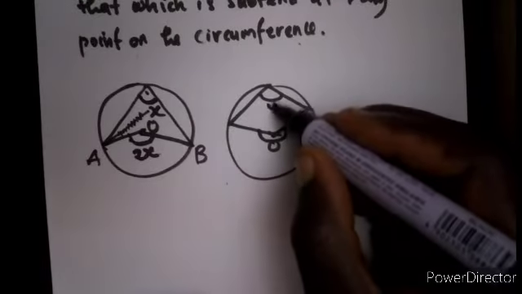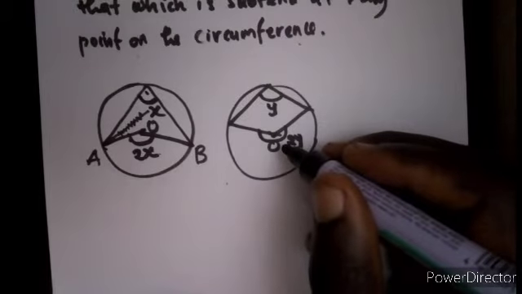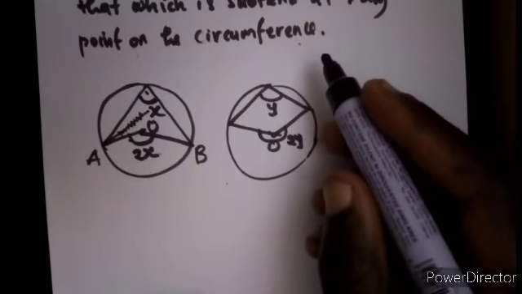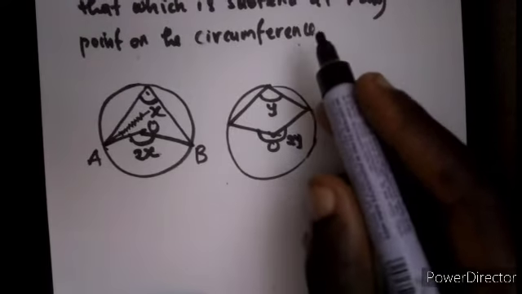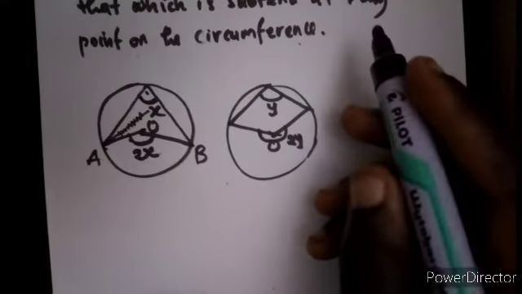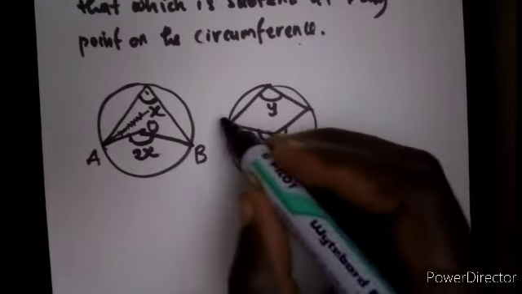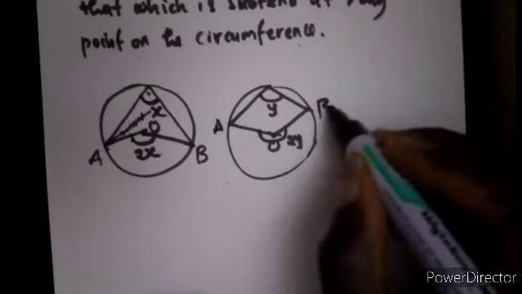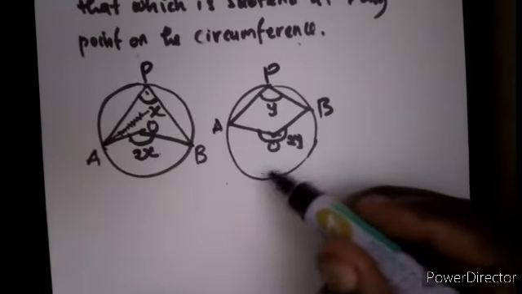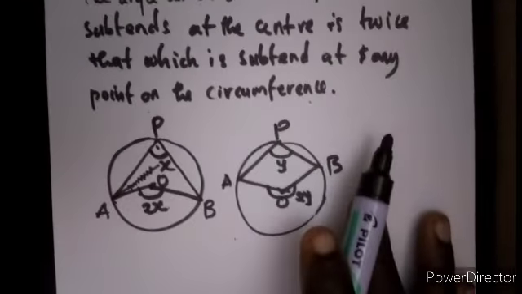So if this angle is y, we expect this angle to be 2y. What else? Okay, that means this is A and this is B. Let's call this point P. Yes. I think these are basically what the proposition is telling us.